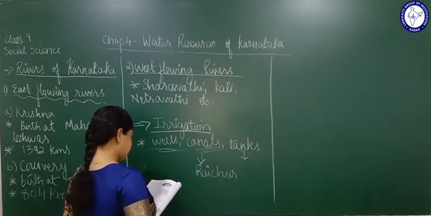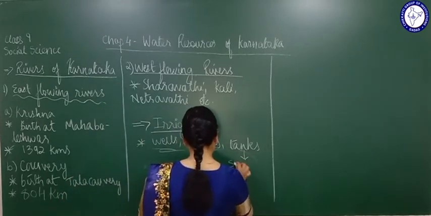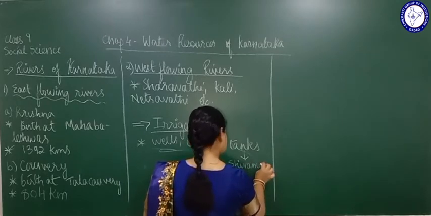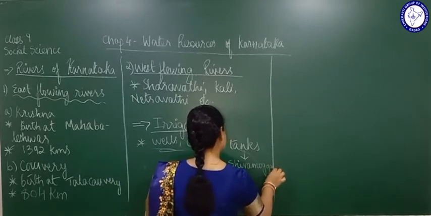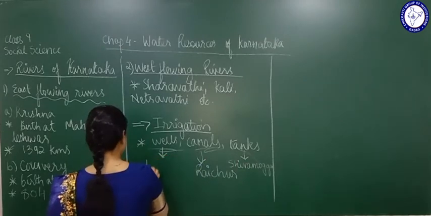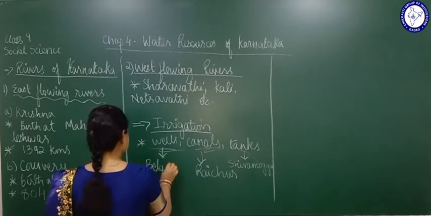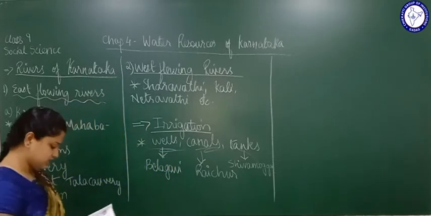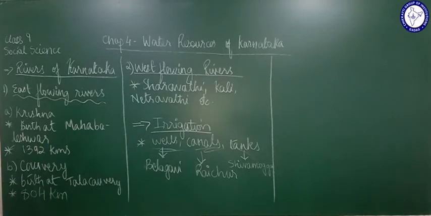Tank system is maximum in Shimoga district, right? And then well system is maximum in Belgavi district. Okay, so these are the important points we understand under irrigation. So this was all about irrigation.